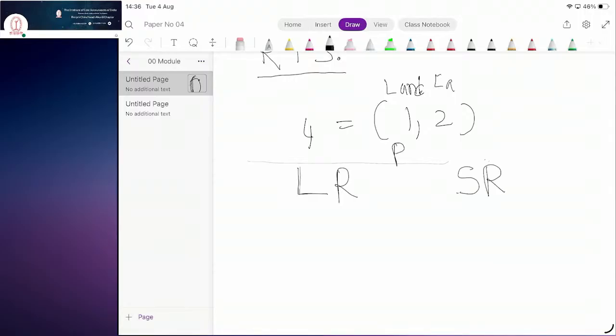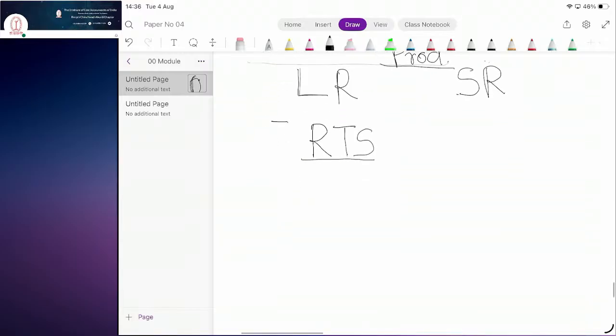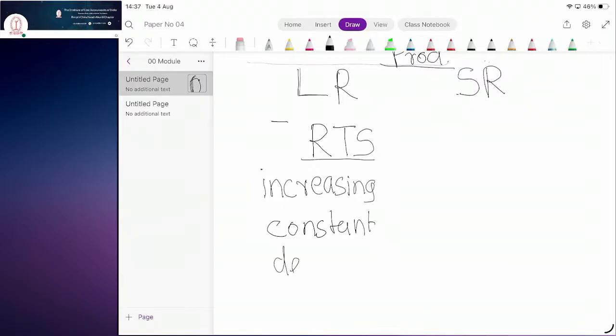We noted that for the long run production function we have three important types of returns to scale, which are increasing returns to scale, constant returns to scale, and decreasing returns to scale.